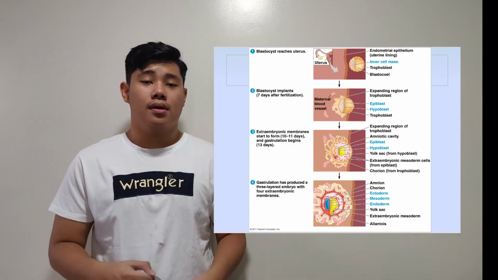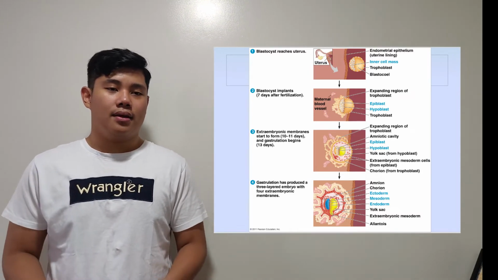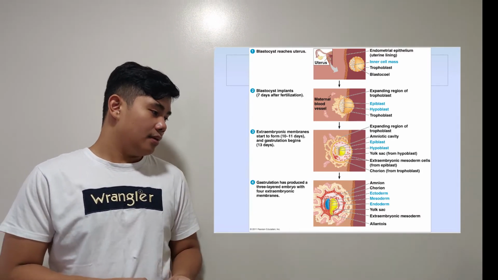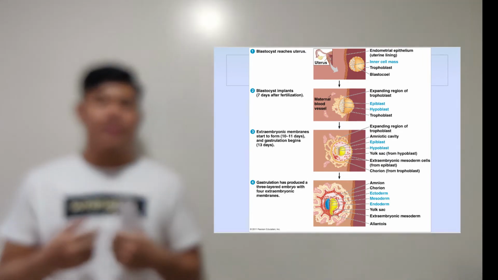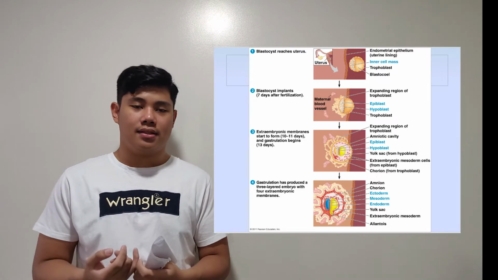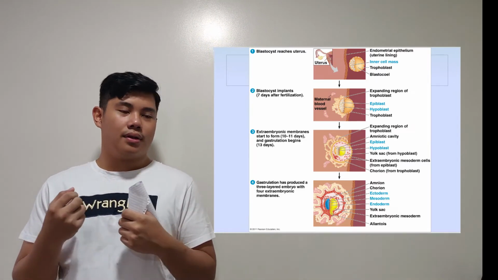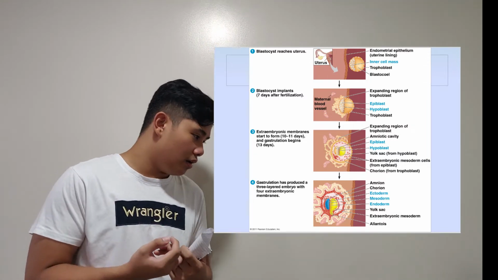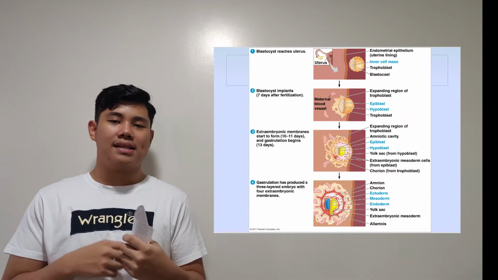This is the process of gastrulation. In the first picture, you can see that a blastocyte reaches the uterus, and after that, it will implant for 7 days. And after fertilization, there will be an appearance of maternal blood vessels around the blastocyte.